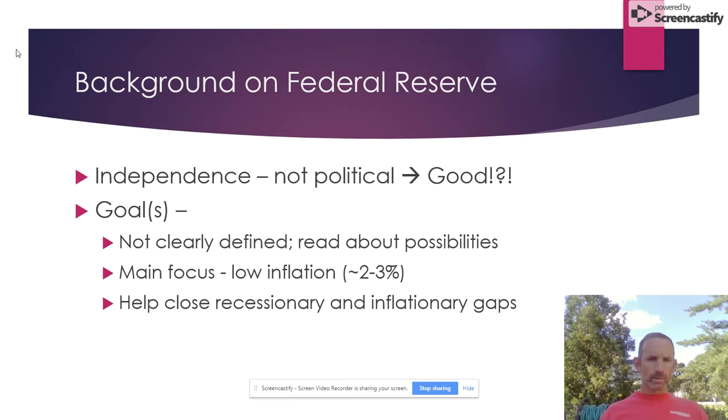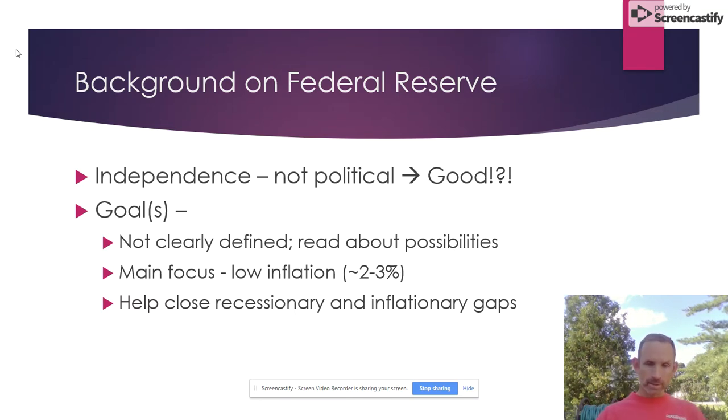The book talks quite a bit about the goals of the Federal Reserve, and it makes it clear that they were never really clearly defined. We had a law back in 1913, I think, that created the Federal Reserve, but never really defined what its job was. But realistically, its most important goal in recent years has been trying to control inflation.